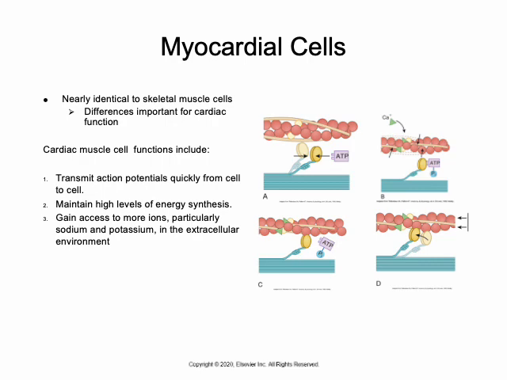And lastly, they gain access to more ions, particularly sodium and potassium. Cardiac fibers contain more T-tubules than skeletal muscle fibers, and there's also an increased closeness to the T-tubules, which gives each myofibril in the myocardium faster access to molecules needed for transmission of action potentials.